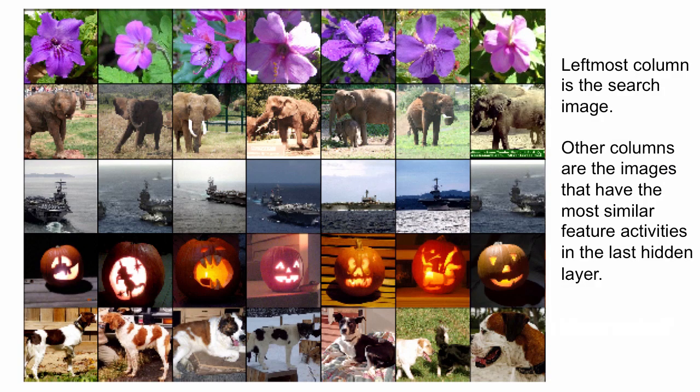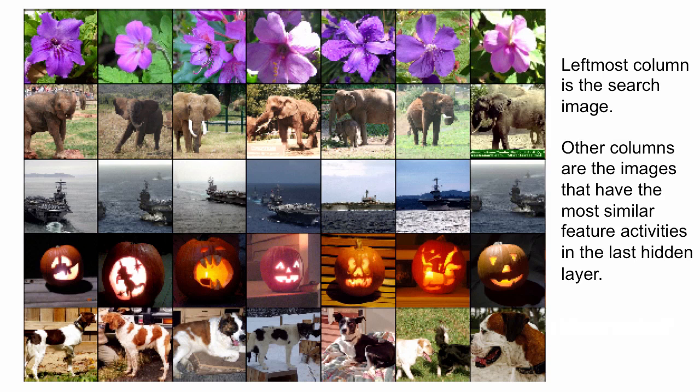In the column on the left, you see the query images, and then to the right of them, you see all the things that were retrieved. If you look at the elephant query image, you'll see that what gets retrieved is other elephants, but elephants with very different poses. So those images wouldn't have a very good overlap in pixel space, although the overlap wouldn't be that bad.